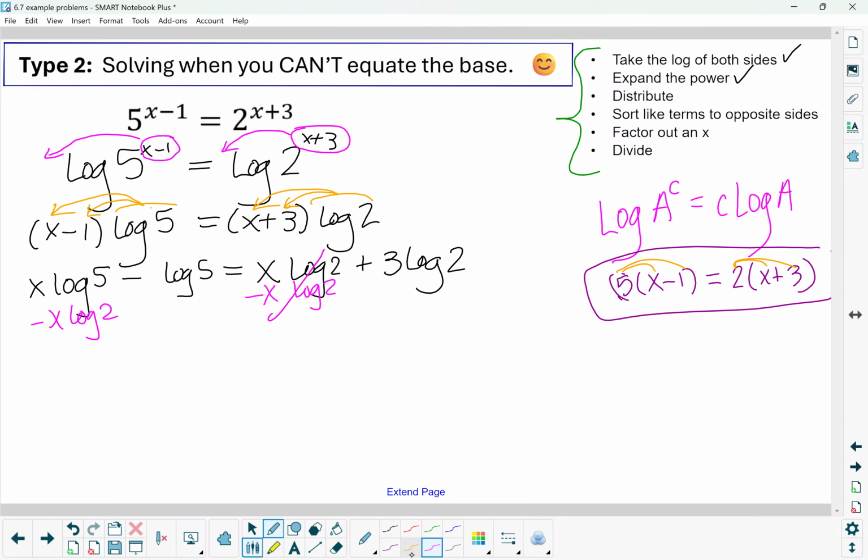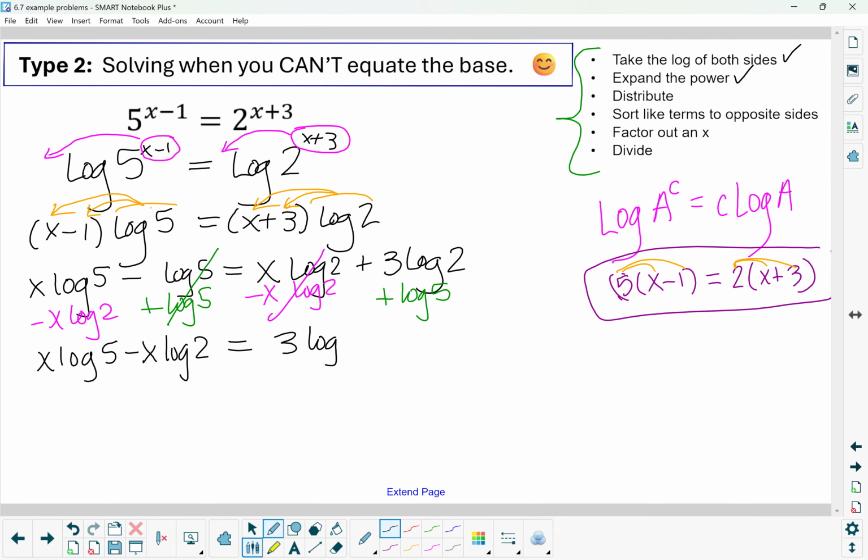And then I'm also going to add log 5 so that this one cancels. So now my equation looks like x log 5 minus x log 2 equals 3 log 2 plus log 5.